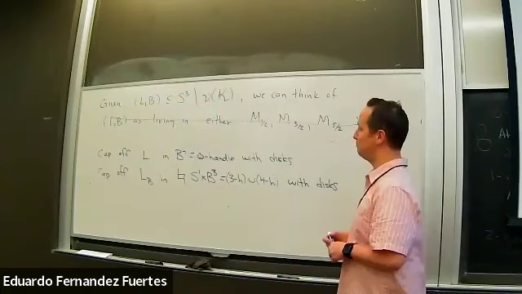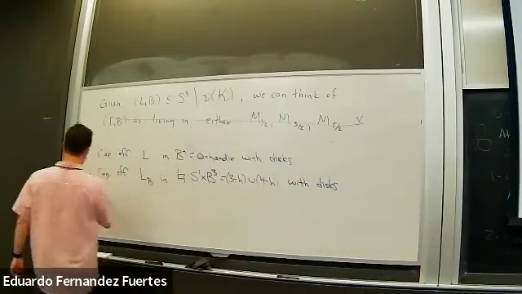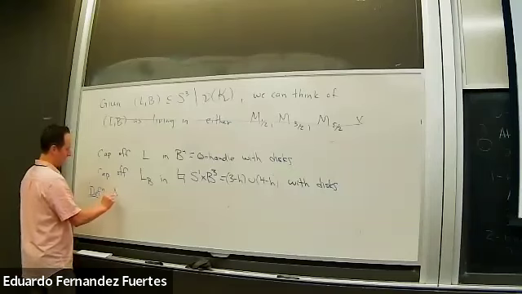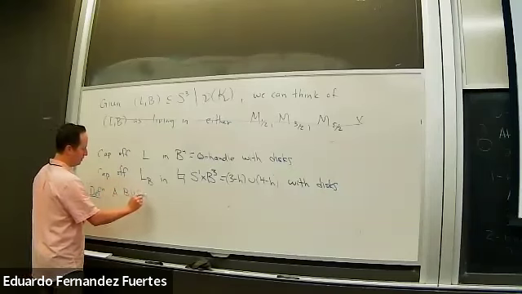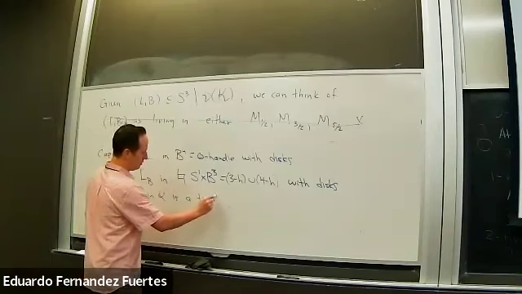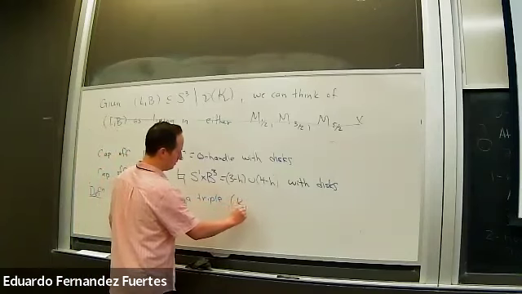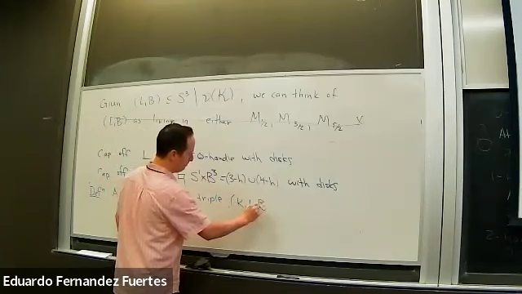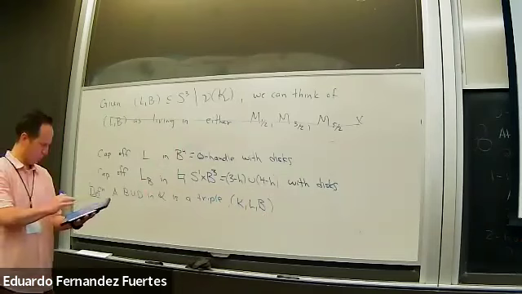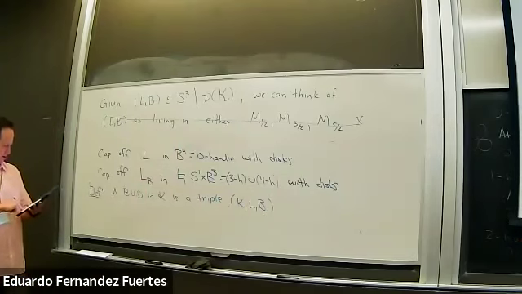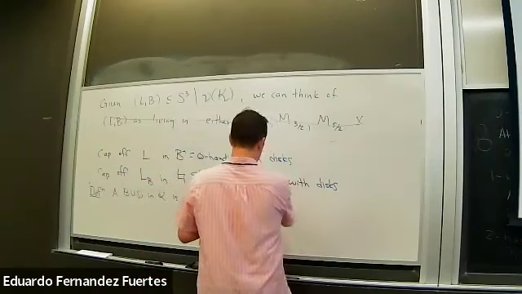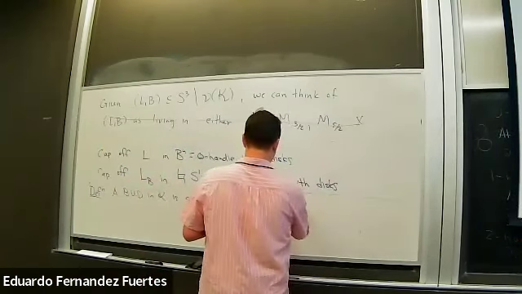So a banded unlink, I'll make a proper definition here. A banded unlink diagram in our Kirby diagram K is a triple K, L, bands, just like in S4, with the following properties, okay?